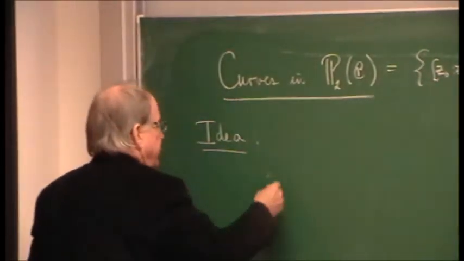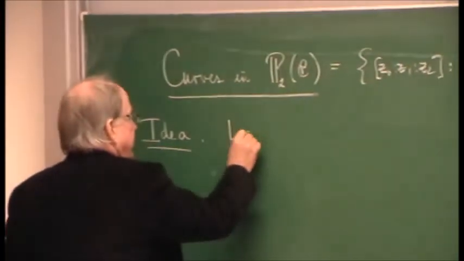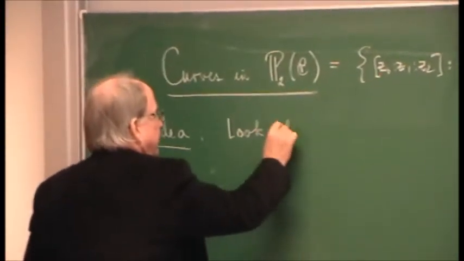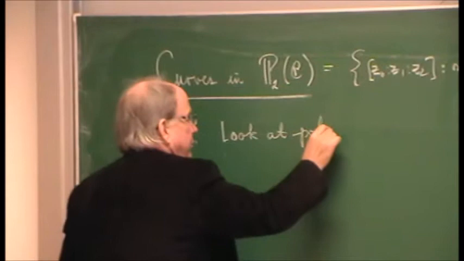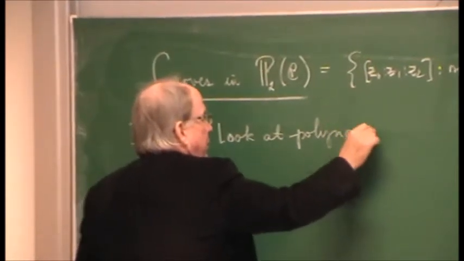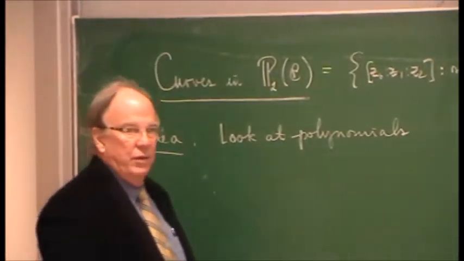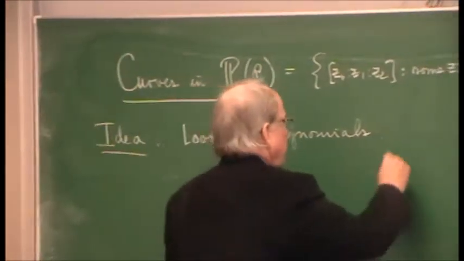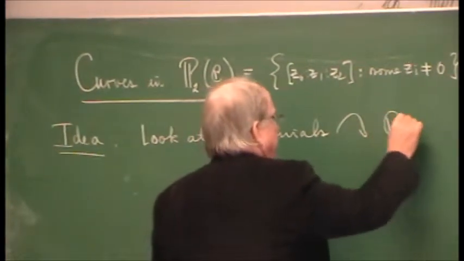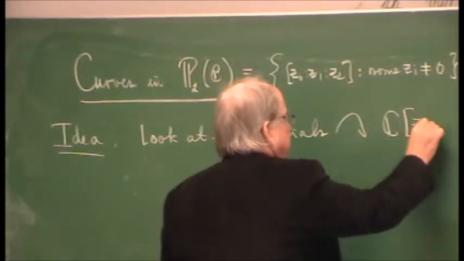We should look at polynomials. That means you're looking at the polynomial ring with 3 variables.